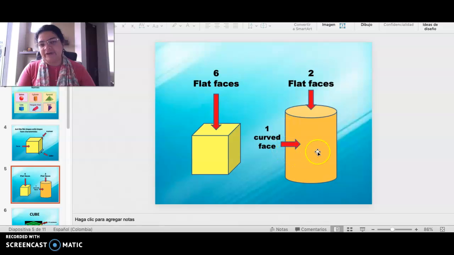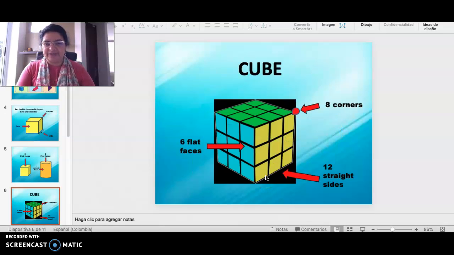And here we have a curved face. Okay, now let's continue with this one. Ah, Miss Patty, I'm going to give you a clue. So, for example, this cube has 6 flat faces and 12 straight sides and 8 corners.